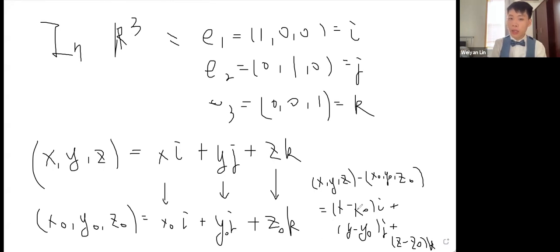But the only way to make this 0 is for this to be 0, this to be 0, and also this to be 0. Because if you add I and j, you will never get 0 if they have non-zero values, because these two are perpendicular to each other.